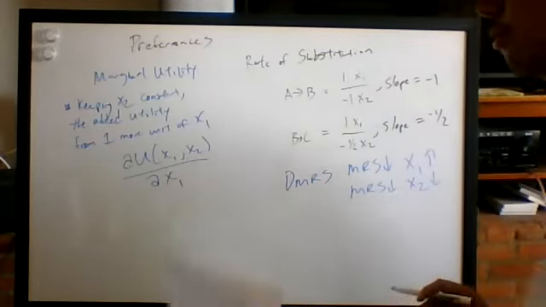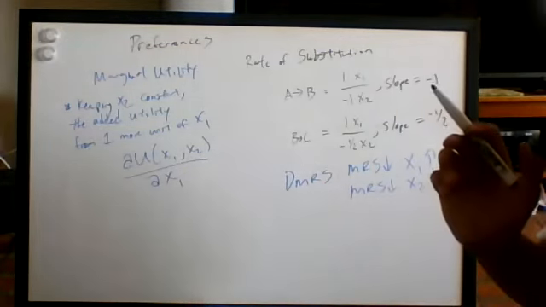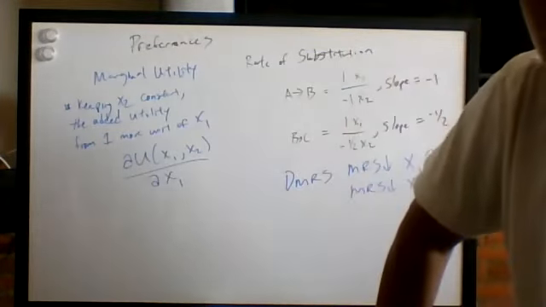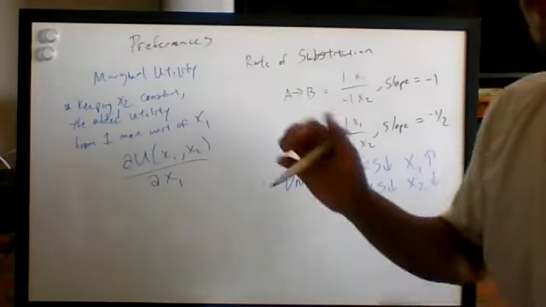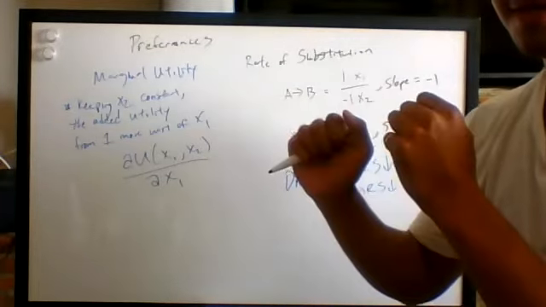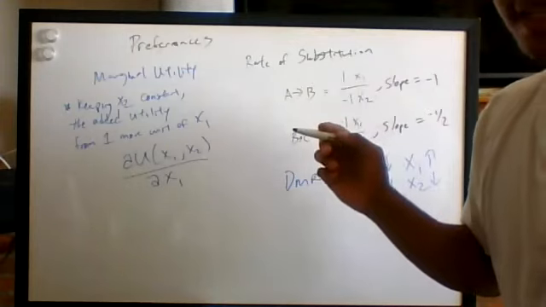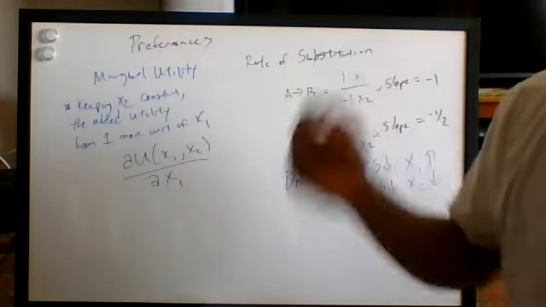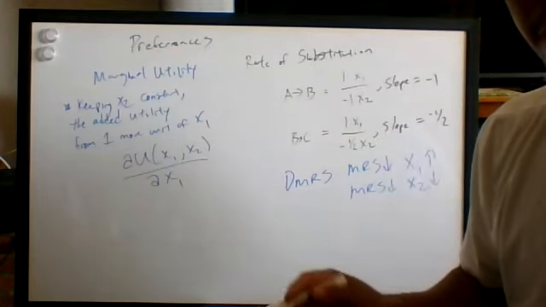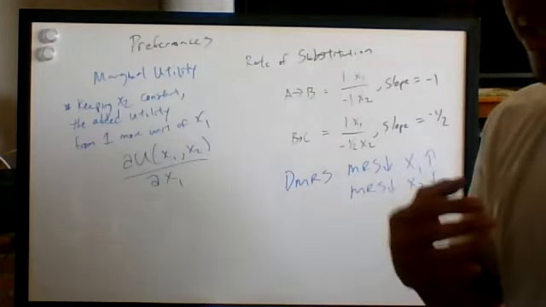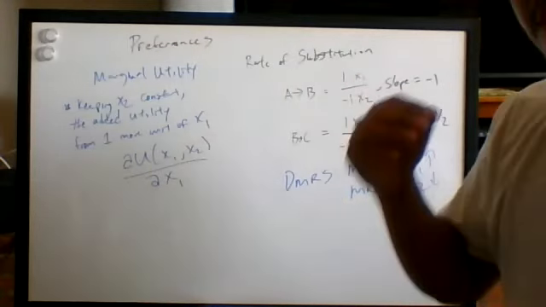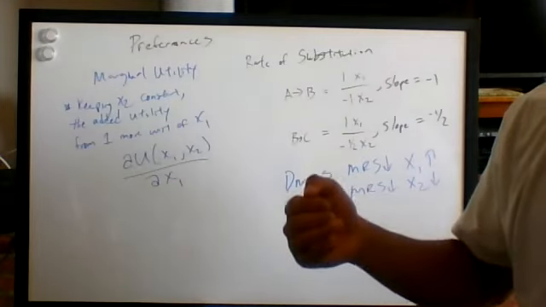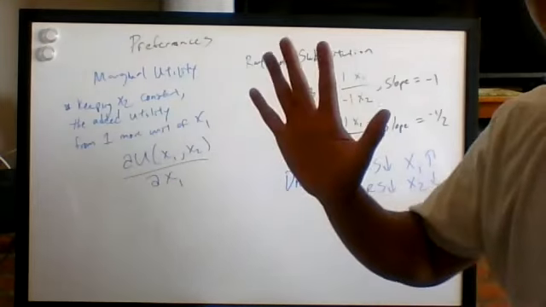Why do I bring in the idea of marginal utility? Because it goes into the whole thing I was talking about, how you exchange one good for another. As I mentioned before, if x1 provides 5 units of utility, all right, let me take a step back. Say that the marginal utility of good 1 is 5, meaning that if I have one more unit of x1, I'm going to have 5 more utility.